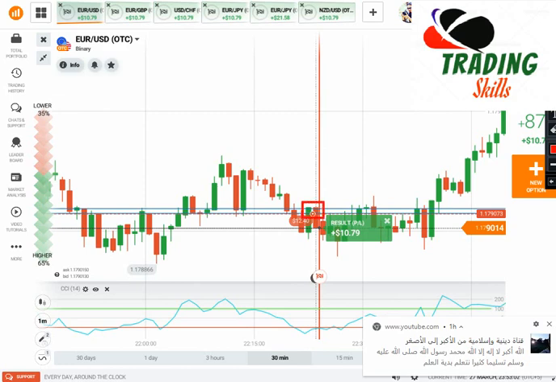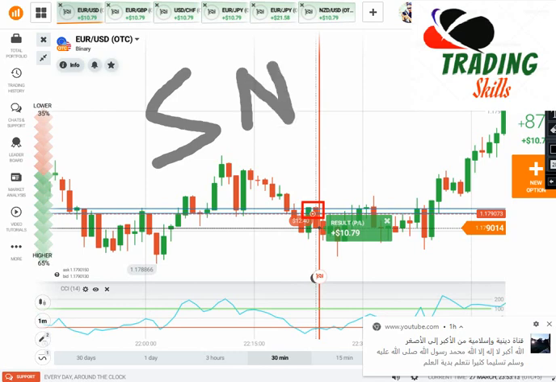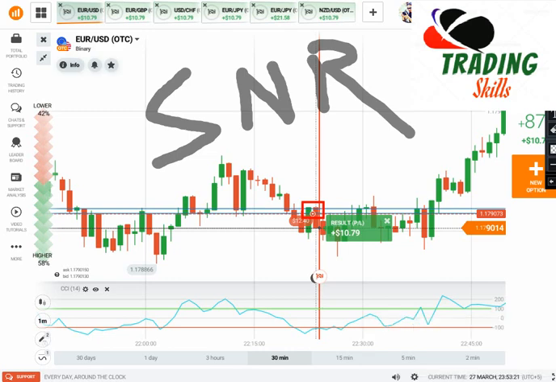Now the first thing you need to know is what SNR is. S means support and N means and R means resistance. So this is an SNR, and you can see it is a support.